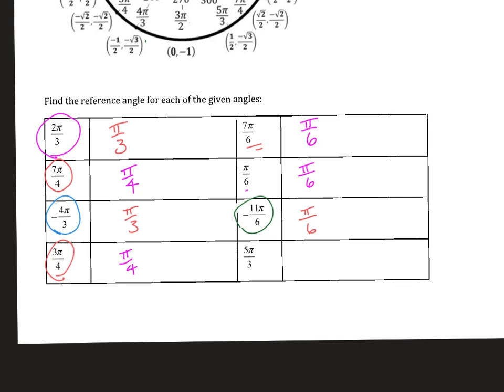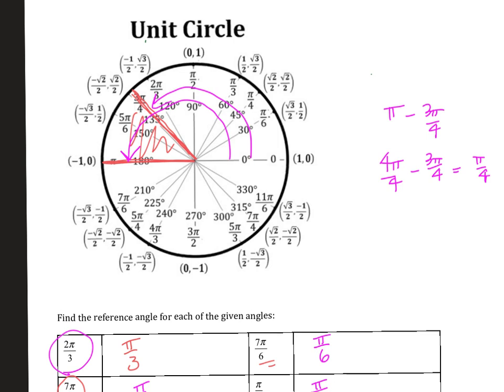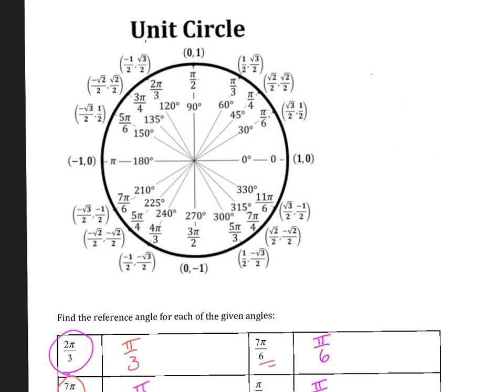Okay, and then this very last one that I'm going to be doing is right here at 5 pi over 3. This is a positive 5 pi over 3. Let me get rid of some of this stuff in the way. All right, 5 pi over 3 is here. Ooh, I like this one. The reason that I like this one is somehow students like to pick the acutest angle that they can find, which is this one. Can you all see that that's an acute angle? But what's the definition again? The definition is an acute angle made with the x-axis.